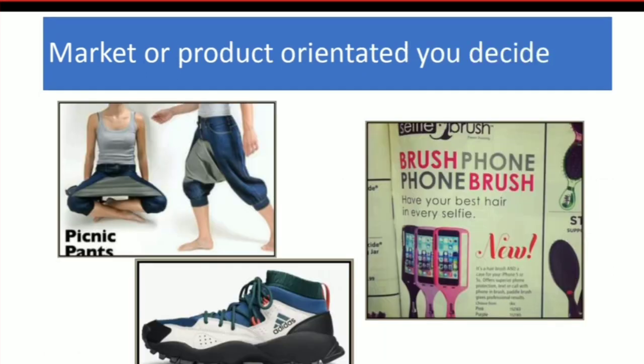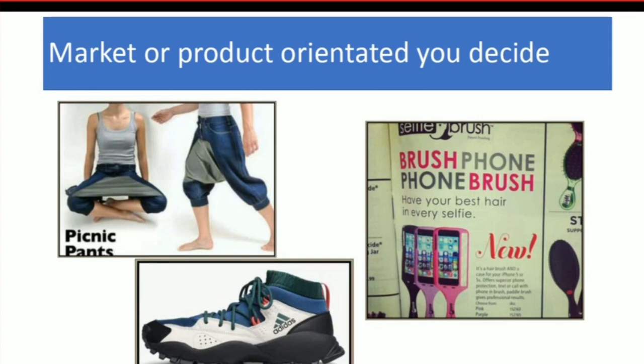So how do we decide if our products are going to be market oriented or product oriented? That's something the business actually needs to decide.